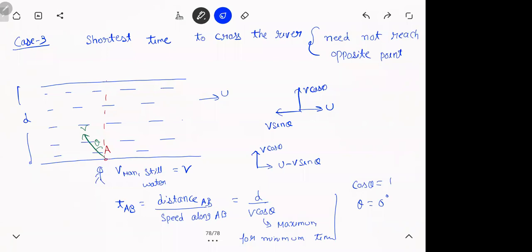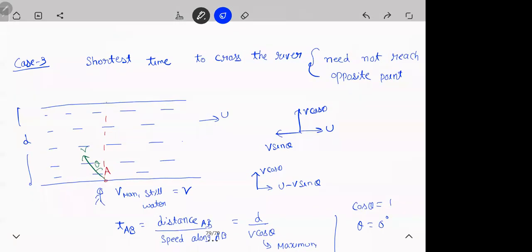Next thing. Let's see, what is happening here exactly?